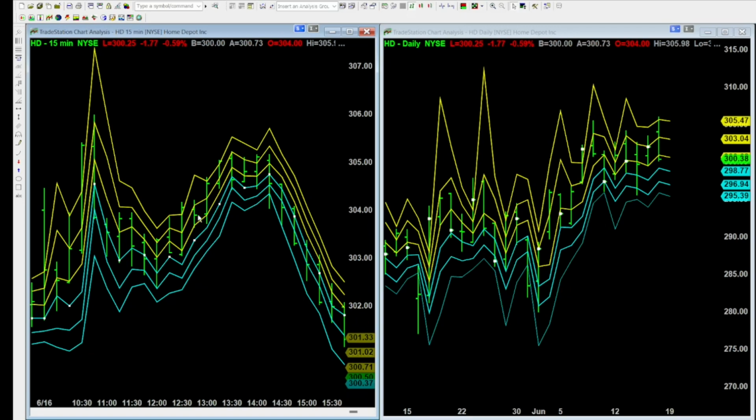When this 15 minutes is over, the next new 15 minutes opens here, very close to almost at the yellow trend line. You see these trend lines are still an uptrend, so that means it will have an increasing trend for this 15 minutes.